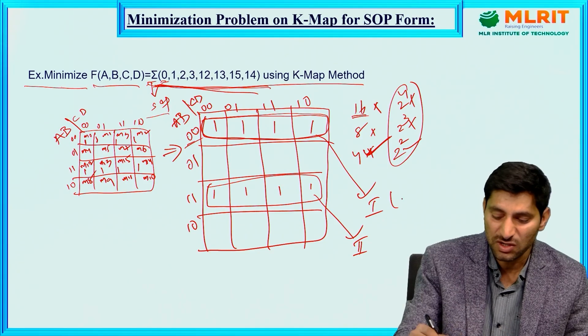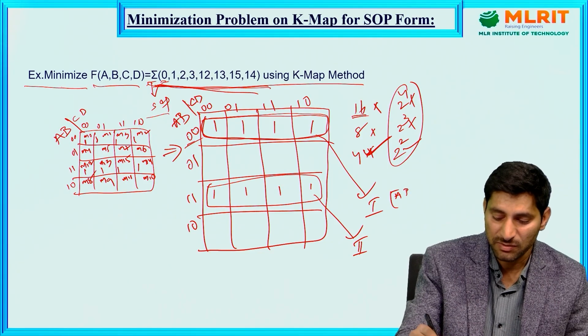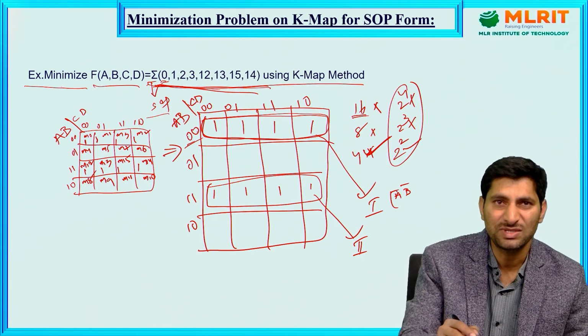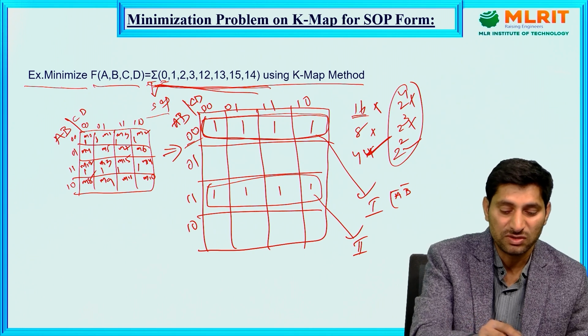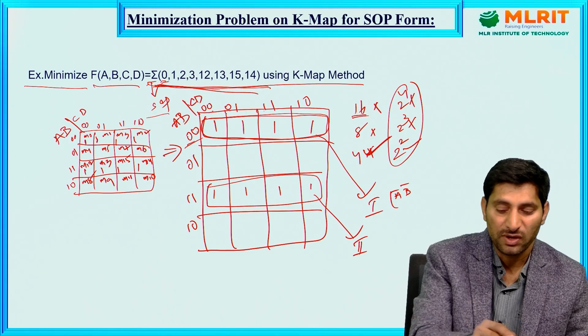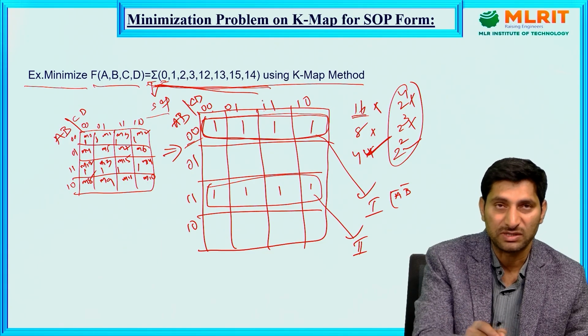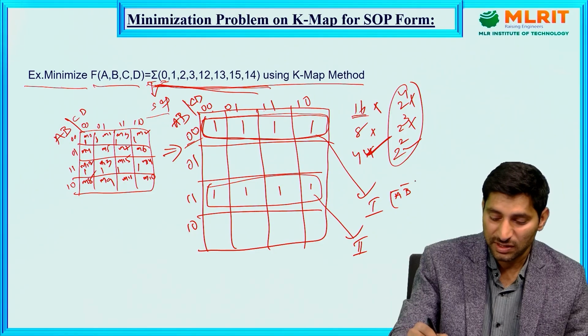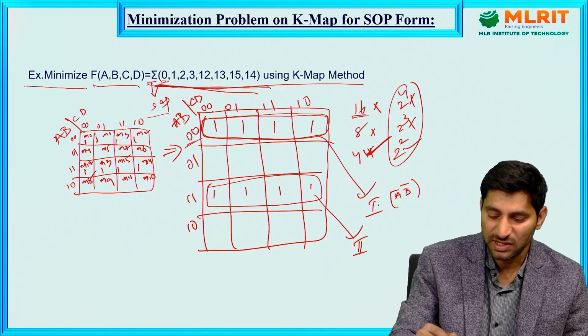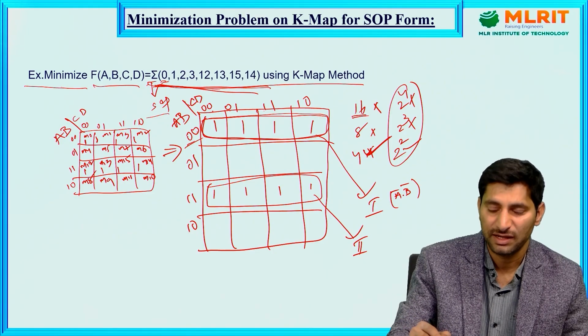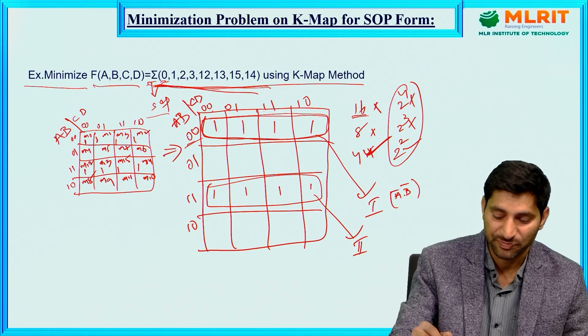So 0, 0 will represent A bar, B bar. At the same time, I need to see vertical. Vertically 0, 0, 0, 1, 1, 1, 1, 0 will represent. Among these there are no common ones, right? So from the first group, the minimized term I got is A bar dot B bar.